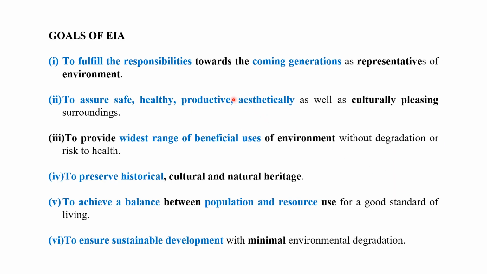Next, we should know the objectives or goals of EIA: to fulfill the responsibility towards the coming generation as the representatives of the environment; to assure safe, healthy, productive, aesthetically as well as culturally pleasing surroundings; to provide the widest range of beneficial uses of the environment without degradation or risk to health; to preserve historical, cultural, and natural heritage; to achieve a balance between the population and resource use for a good standard of living; and to ensure sustainable development with minimum environmental degradation.